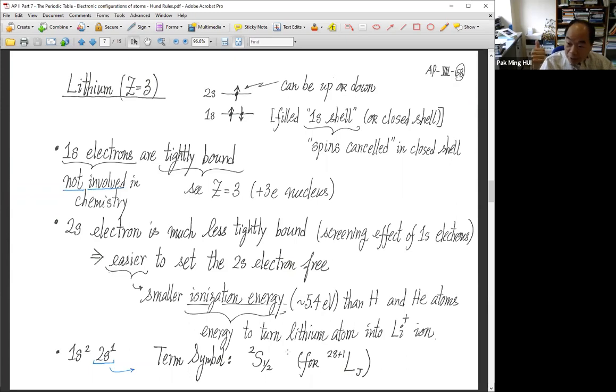We discuss hydrogen, helium. How about lithium? So lithium, we fill 1s, completely filled, and then the 2s. I draw it up here, it could be down, it doesn't matter.